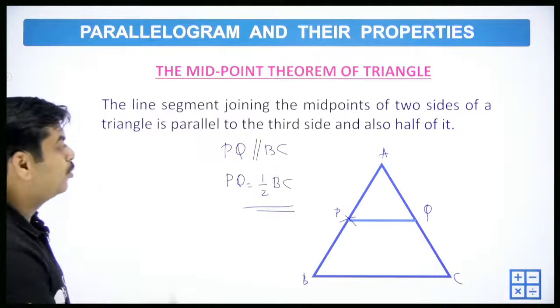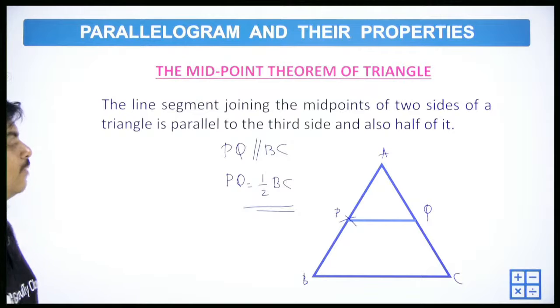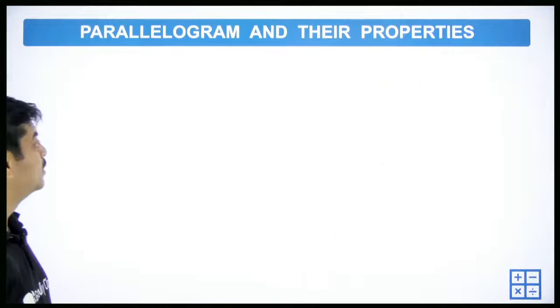So PQ is parallel to BC, and PQ is equal to half of BC, right? This is a very important application for many questions, and we can directly solve the answer.